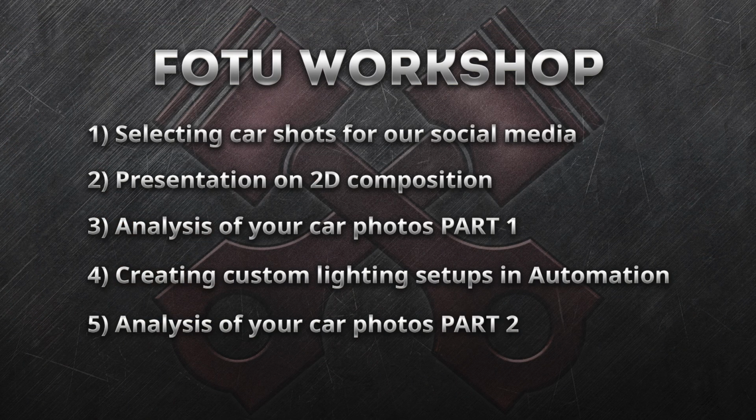We're going to talk quite a bit about the common mistakes that we've both noticed over the last little while, both in my searching for cars to post on the Automation Instagram and Twitter accounts, as well as the submissions for the recent crossover play challenge, and what we're seeing in the update challenge submissions. We're also going to go through some of the not so well known tools that exist in Automation. We actually have some very powerful tools to change, especially, the lighting in your photos.